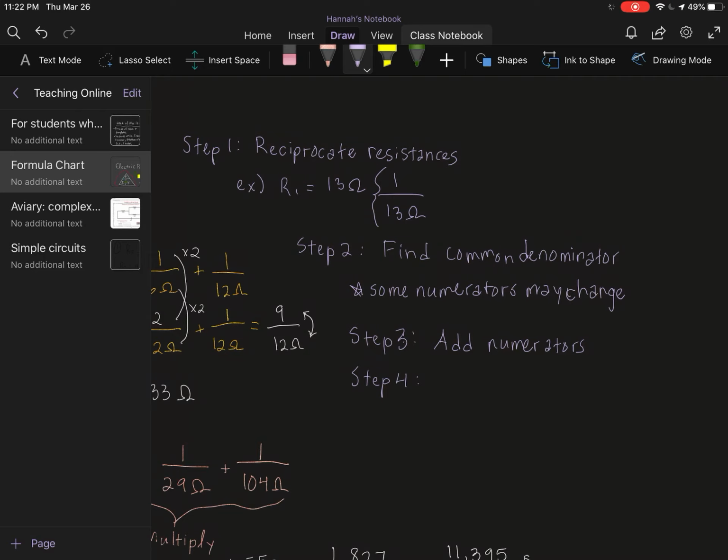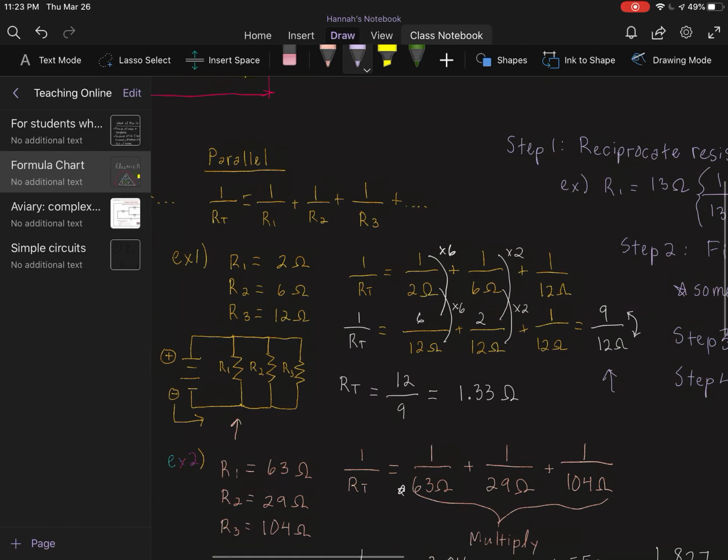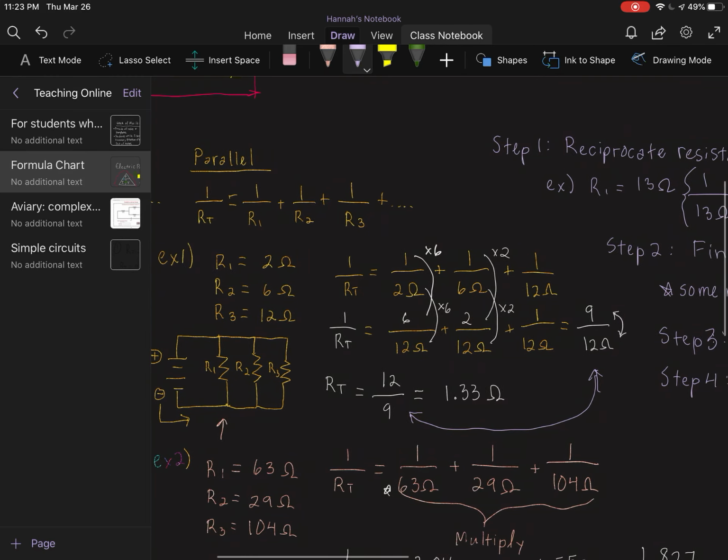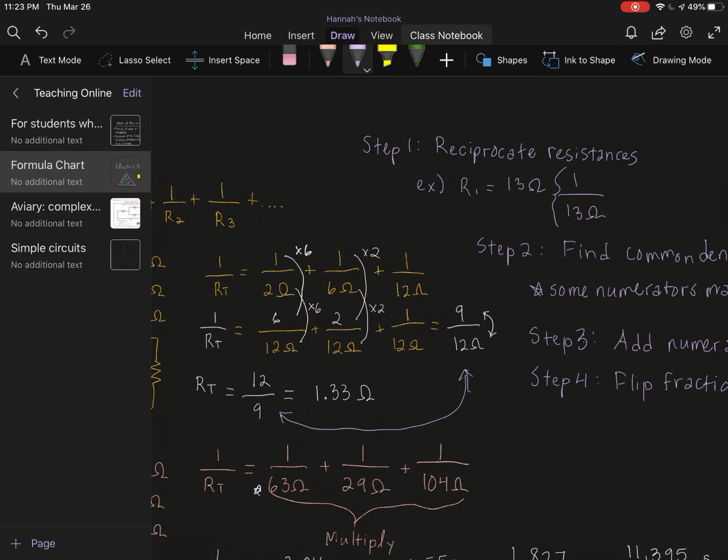Step 4, you flip your fraction. And then you divide. So you do not divide first. You have to flip your fraction like we did here to be 12 over 9. Okay, so we flipped it and then we divided to get 1.33.